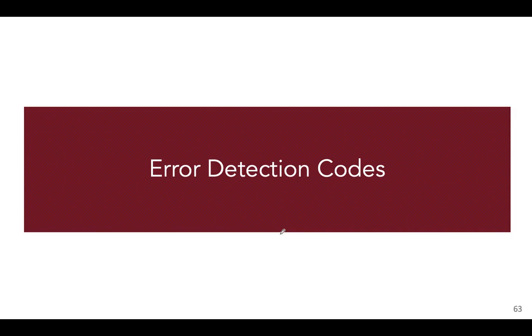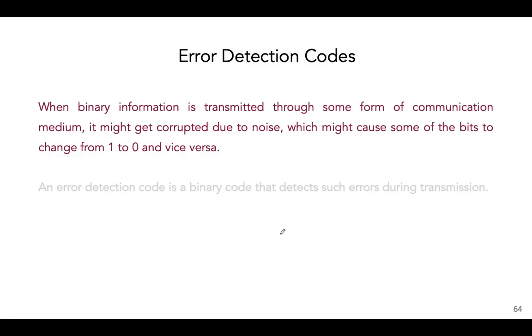Alright, finally let's talk about error detection codes. You know that whenever transmission of information is involved, there is always the possibility of an error creeping up somewhere. The entire system is not flawless, not waterproof, so there is always a chance that when you're transmitting information, there could be an error of some sort. There could be corruption due to noise, or there could be data loss.